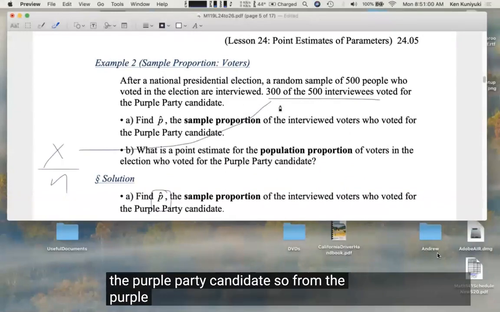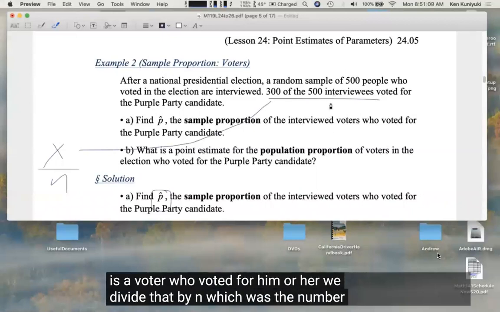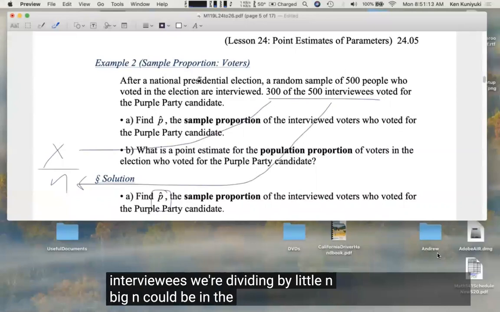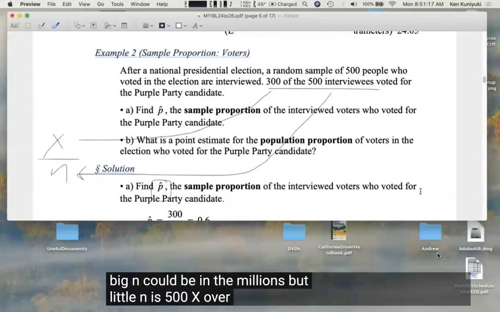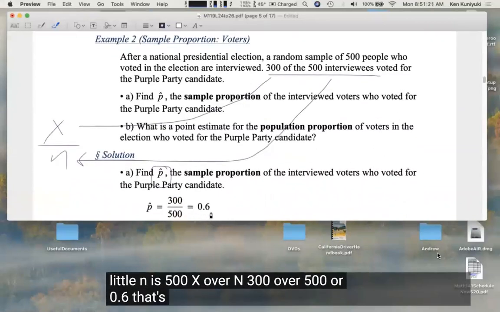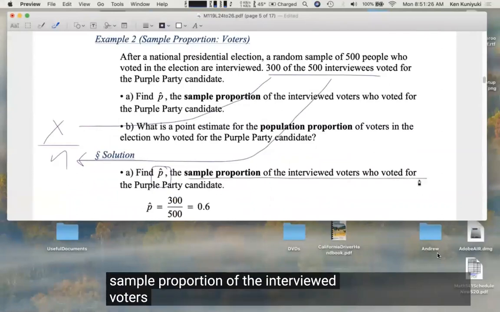So from the Purple candidate's perspective, a success is a voter who voted for him or her. We divide that by n, which was the number of interviewees. We're dividing by little n. Big N could be in the millions, but little n is 500. x over n, 300 over 500, or 0.6. That's our value for p hat, the sample proportion of the interviewed voters who voted for the Purple candidate.